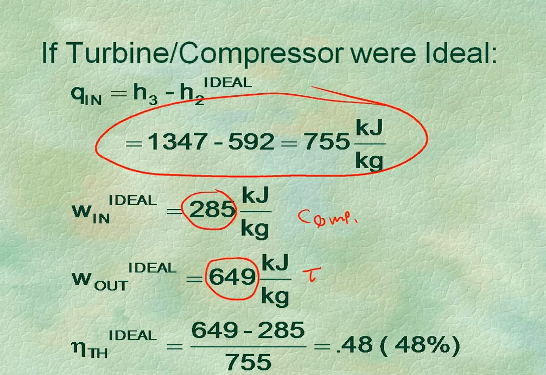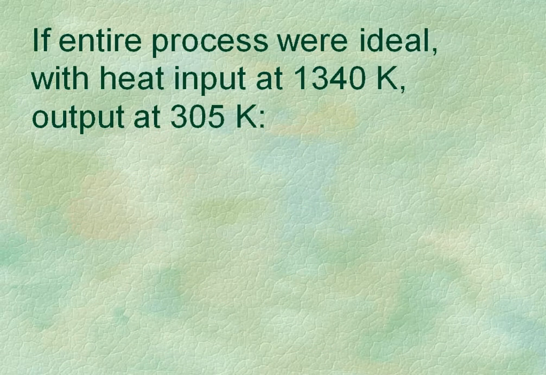The difference between those divided by the heat in is 48%. So the Brayton cycle is very sensitive to the inefficiencies that you might have in the turbine and the compressor, because those work against you. So we got quite a bit more, 48% versus 26%, if we did have an ideal turbine and compressor.